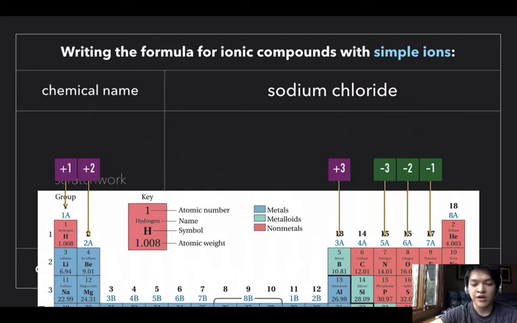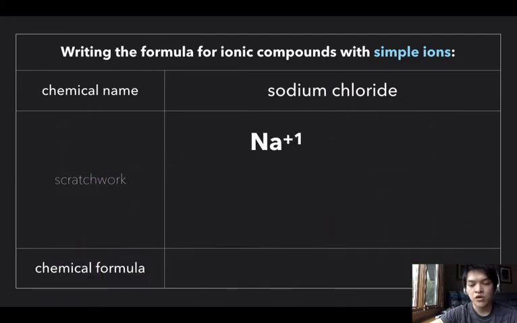Let's go ahead and write this down. +1 for sodium, -1 for chloride. Now, +1, -1, do they cancel? They do. They cancel already, so we can go ahead and write our chemical formula already. How many sodiums are there? There's only one sodium ion. How many chlorides? There's only one chloride ion, so the chemical formula is real easy, NaCl, one of each.